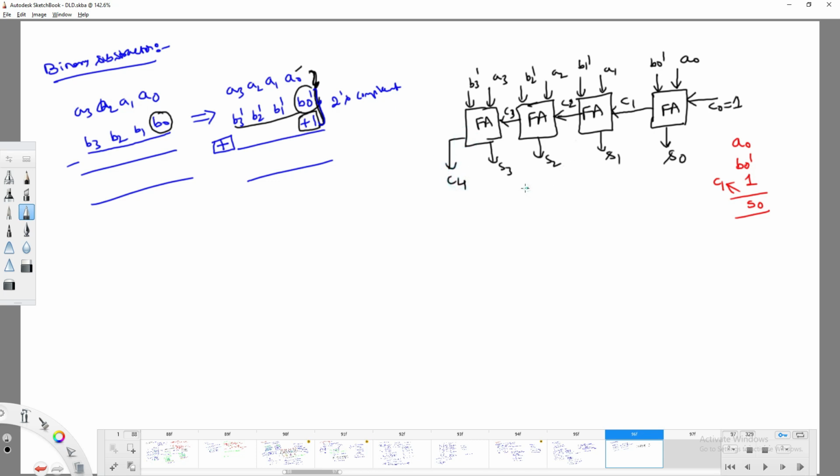So this is the corresponding circuit for a 4-bit binary subtractor using full adders.